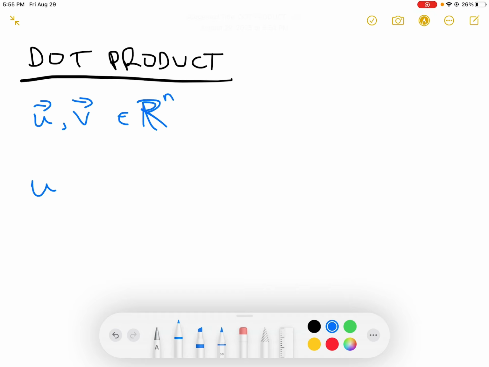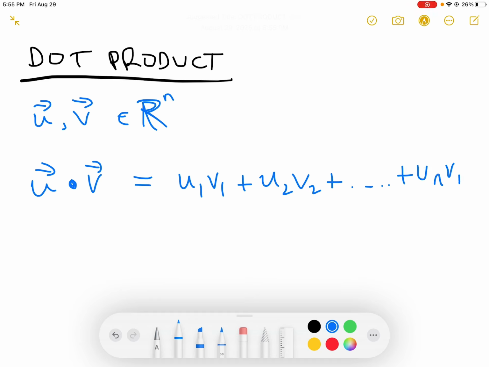Then the dot product of them is going to be equivalent to u1 times v1 plus u2 times v2, plus so on to whatever the last one is, the components that match up. So that's how it's going to work out.